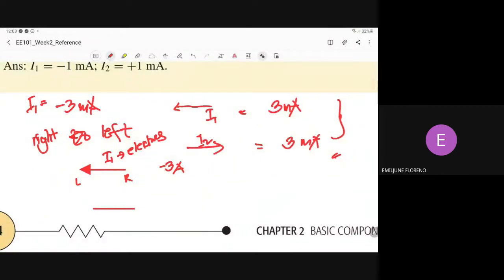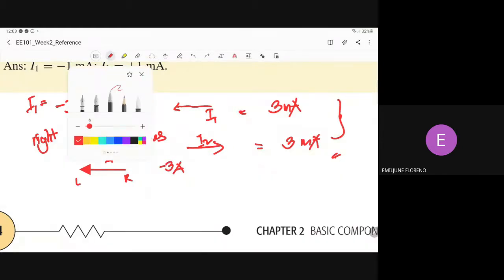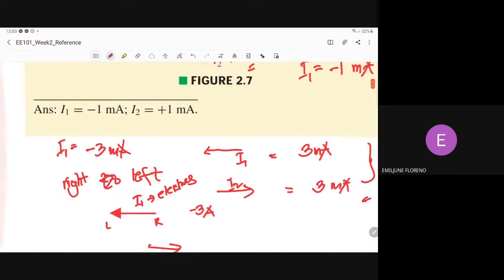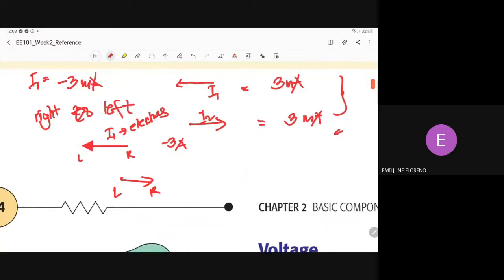Positive. Hindi na lang na to i-automatic. Okay? So, kung right to left, or left to right, mahimong 3 ampere. Kuha ninyo? Oh, sir, nakuha.